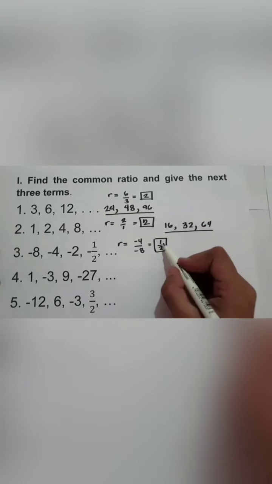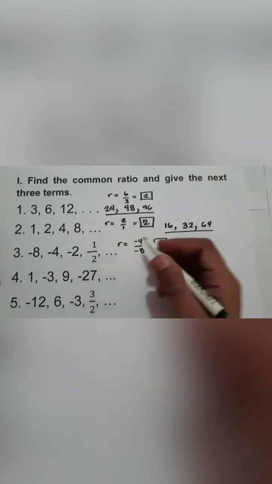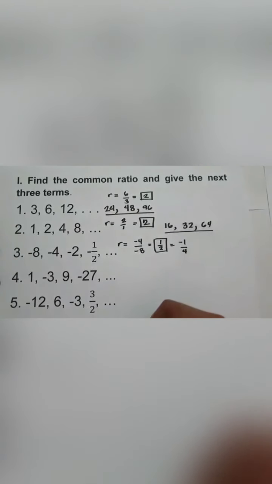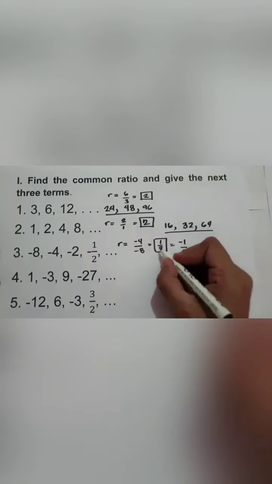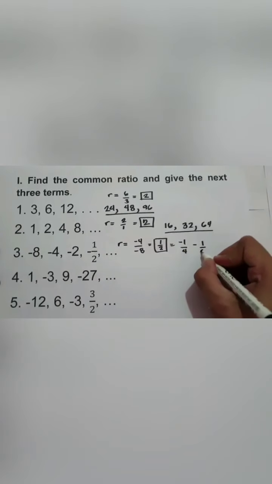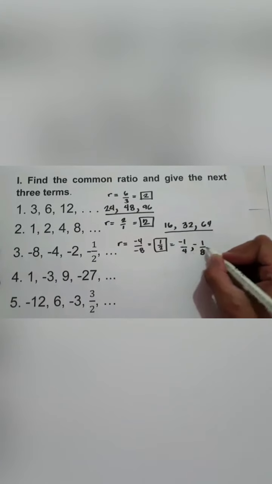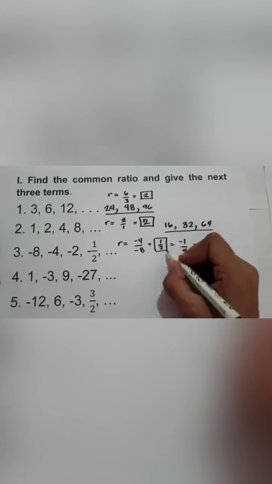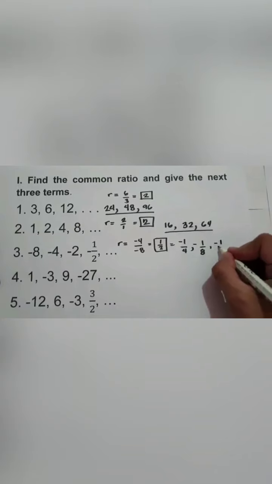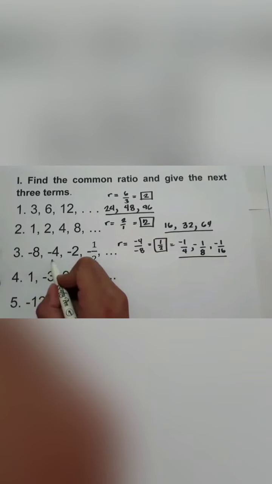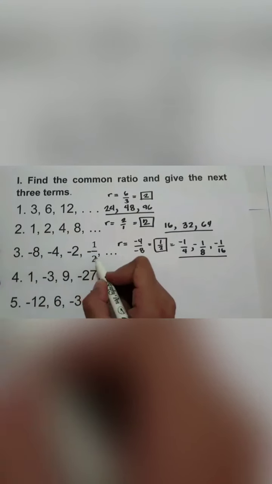So since we have 1/2, 1/2 times negative 1 is negative 1/2. Negative 1/2 times 1/2 is negative 1/4. Negative 1/4 times 1/2 is negative 1 over 8. We simply multiply numerator to numerator, denominator to denominator. Negative 1 over 8 times positive 1/2 is negative 1 over 16. So these are the next three terms of the sequence negative 8, negative 4, negative 2, negative 1.